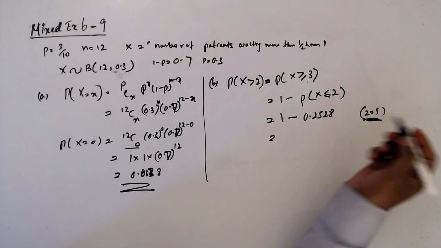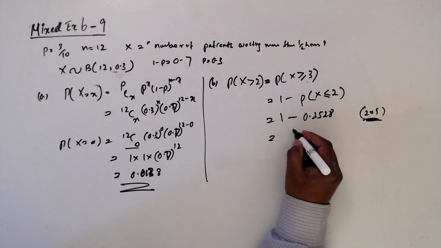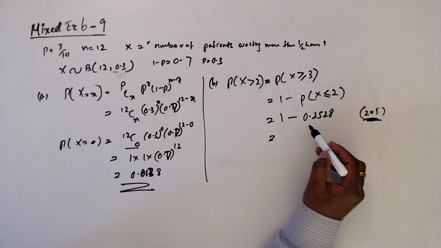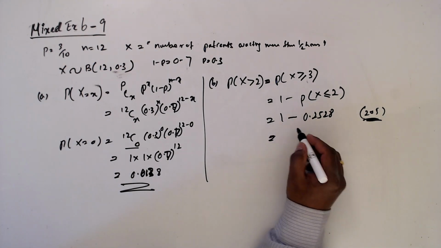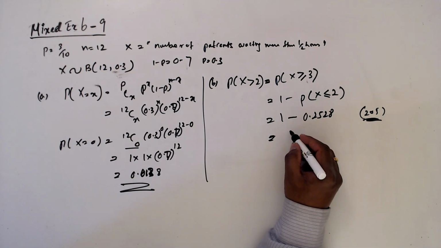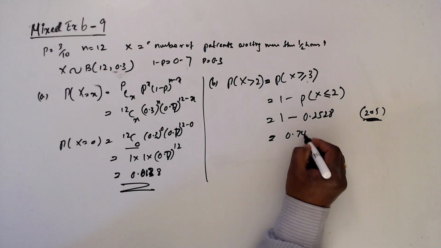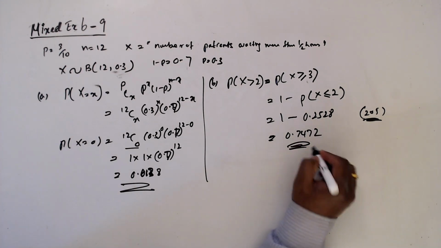The table is faster than typing the numbers into the calculator. So this value is going to be 0.7472.